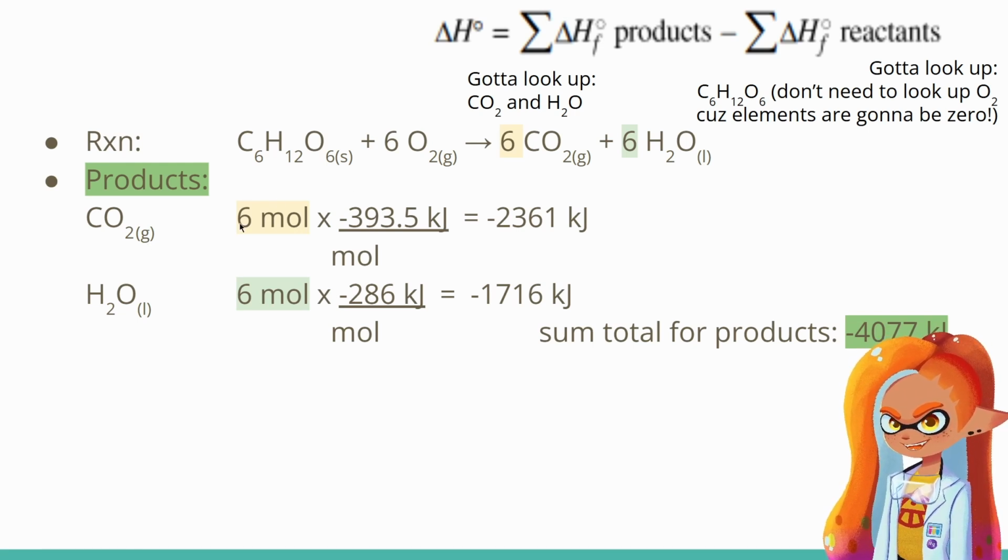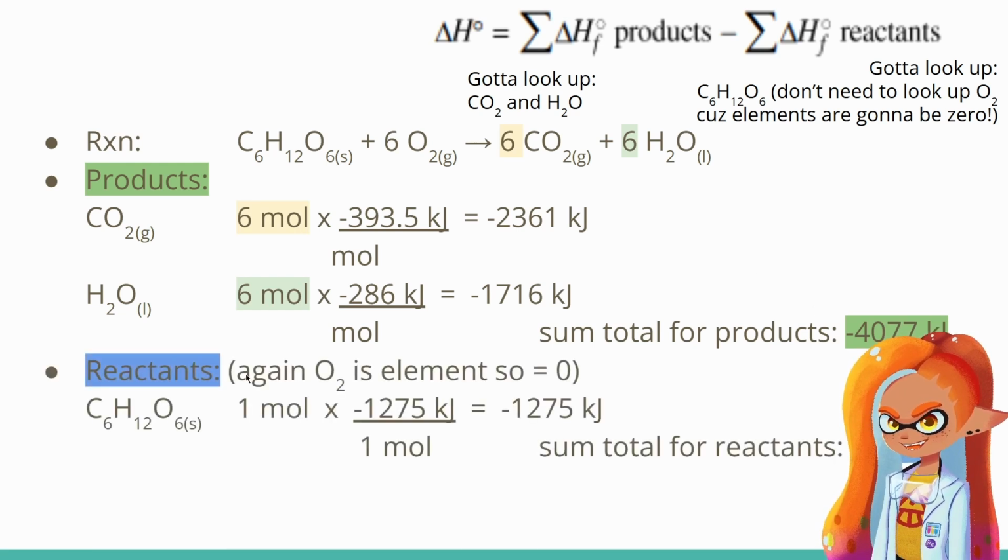And so I have 6 moles because that is the coefficient on CO2. I just multiply those out. I get that many kilojoules. I do the same thing for water. So I have 6 moles of water, again, from the balanced equation. I look up the value for the delta HF, and then I get that. And when I add those up, I got negative 4077 kilojoules.